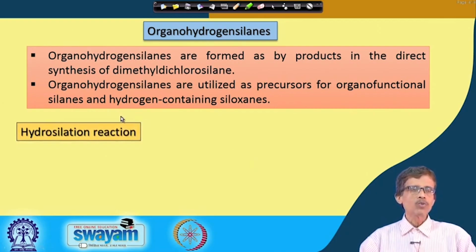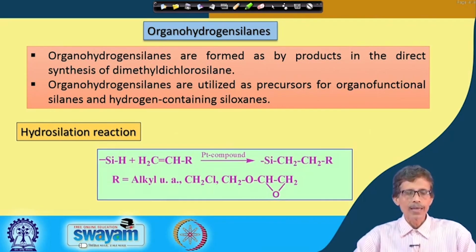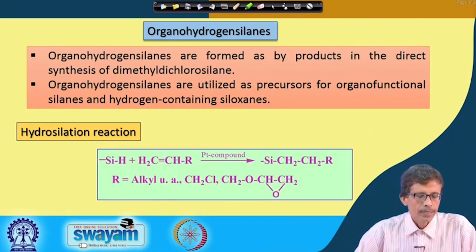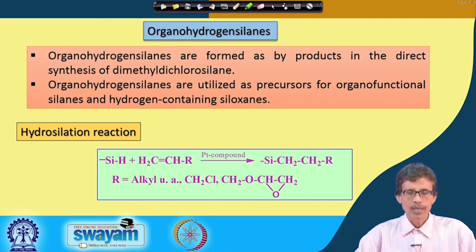Then what is that hydrosilylation reaction? That means you have silicon, you have hydrogen, and you have the further organic part. So, that particular reaction you can have. If you have a compound, on one end you can have halide groups, that means chloride or bromide groups attached to the silicon.